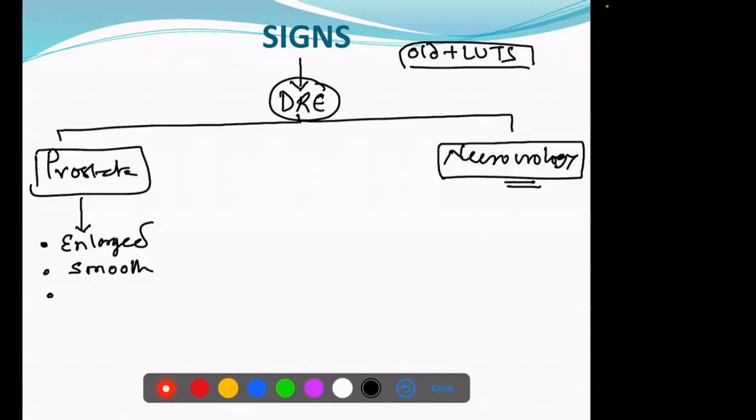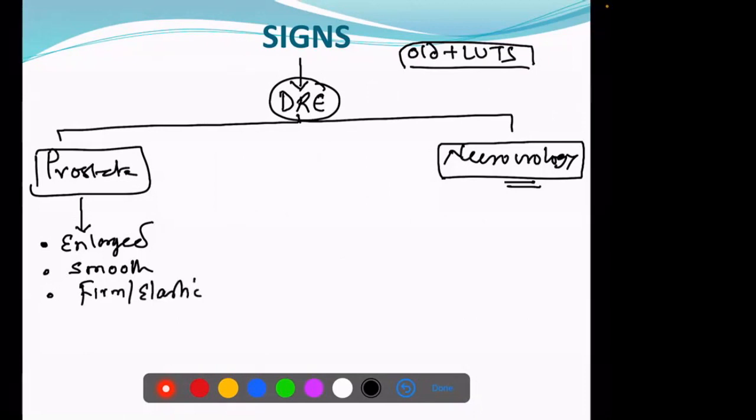Why do we need that reference? Because we have to train our finger. A finger should be trained in such a way that if it feels something, it will understand, okay, this is hard, this is soft, this is elastic. So the prostate is firm, or you can say elastic, in BPH.